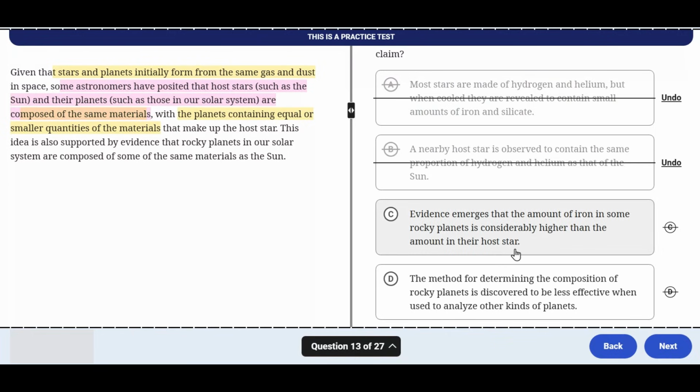C. Evidence emerges that the amount of iron in some rocky planets is considerably higher than that in their host star. That matches because it's a higher amount instead of being equal or smaller. So that's probably our answer, but we can go and check the last one. D. The method for determining the composition of rocky planets is discovered to be less effective when used to analyze other kinds of planets. This isn't directly relating back to that claim here. Can't be right, doesn't talk about planets and stars.